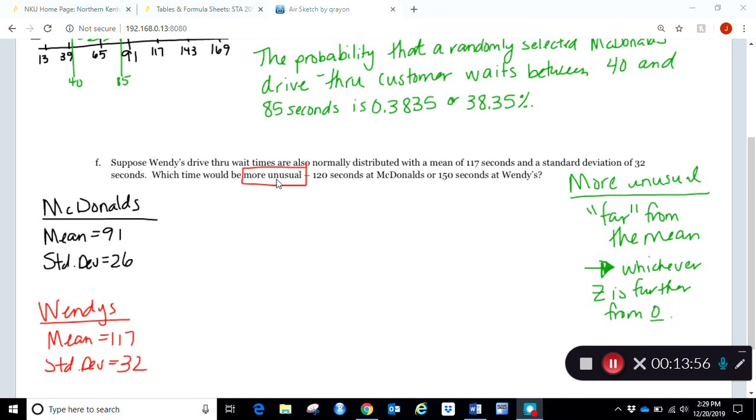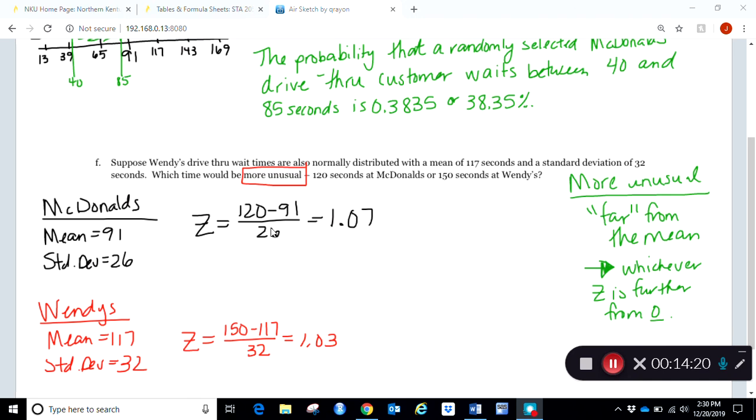Again, do you remember why 0? Well, 0 is what we get when the observation is equal to the mean, because then the observation is the same as the mean and it's 0 standard deviations from it. So whichever one is more unusual will be whichever z is furthest from 0. So now let's do our calculations for our McDonald's and Wendy's wait time.